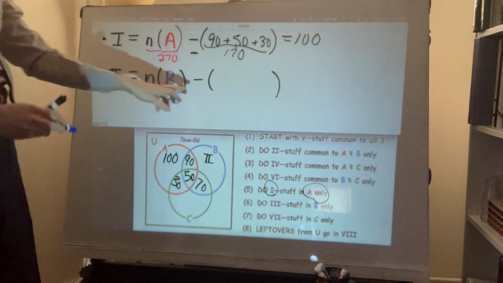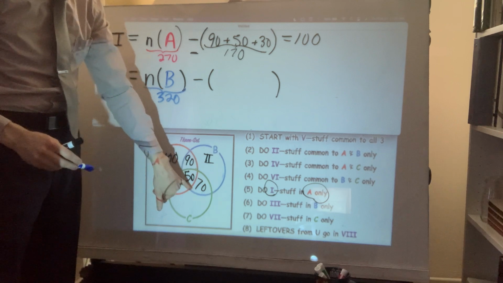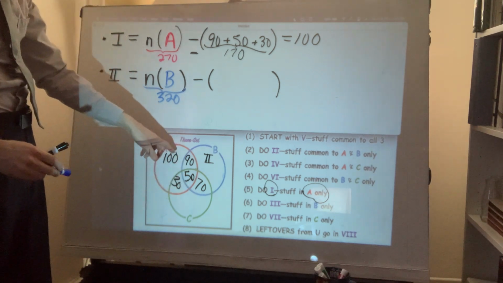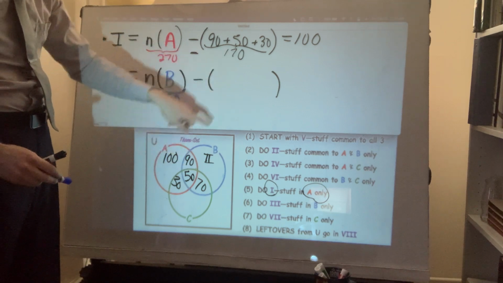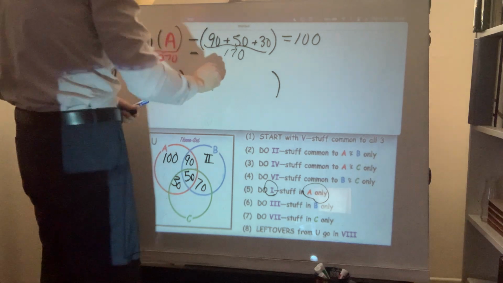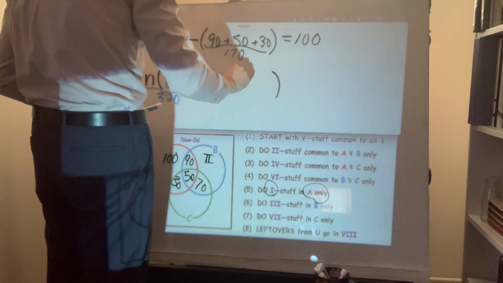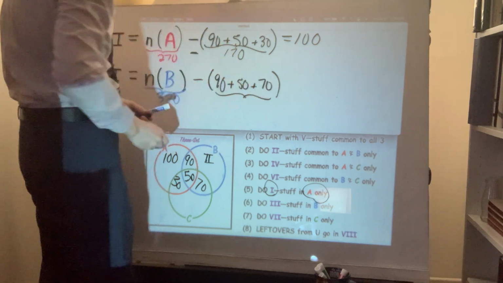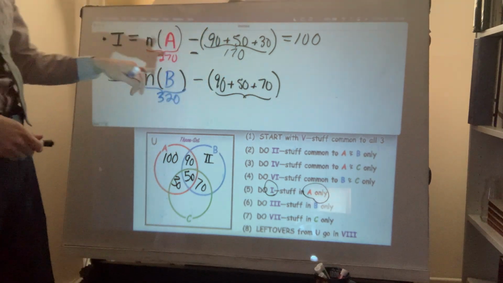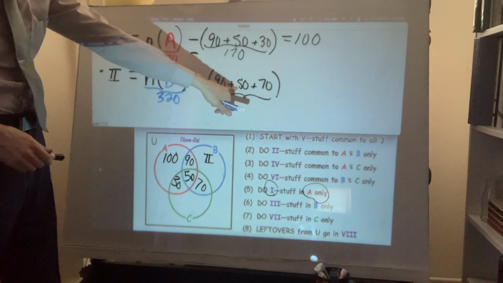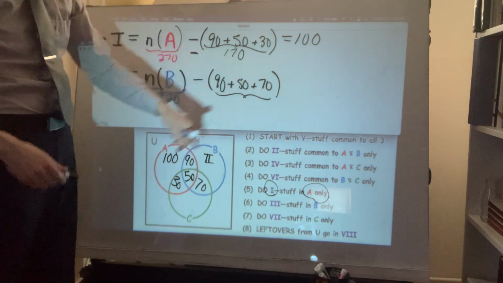All right, minus where there is an overlap in some of the same figures here, right? So we would have to subtract, rather than one at a time, which is not wrong, it's just less efficient, the sum of 90 plus 50 plus 70. And all together, this would be 140, and then 140 plus another 70.